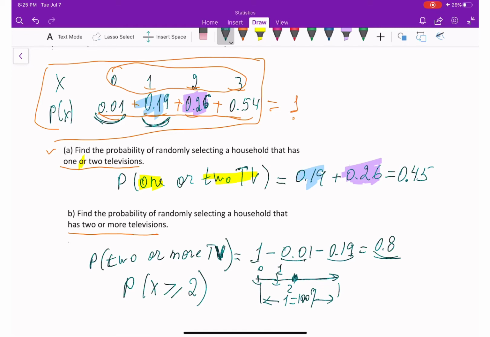You can say, why we didn't add 2 and 3? No, you can't, because it doesn't say 2 or 3. It just says more than 2. It can be only 2. It can be 2 and 3. Okay? Therefore, we don't know which one is the case. But subtracting the complement, which is going to be 0 and 1, we will get at least 2. All right?